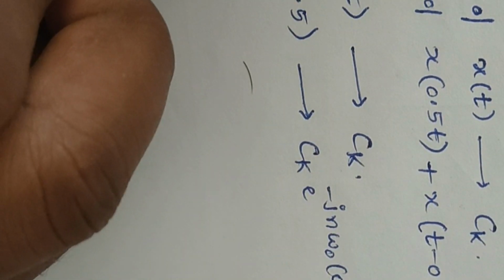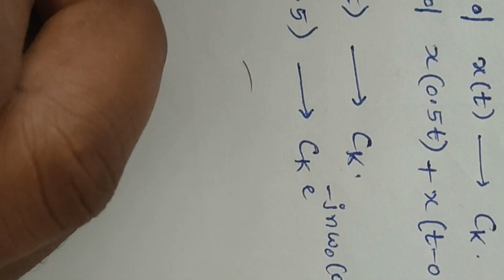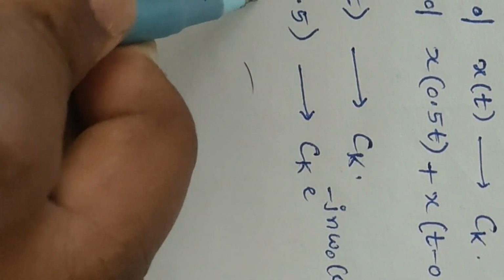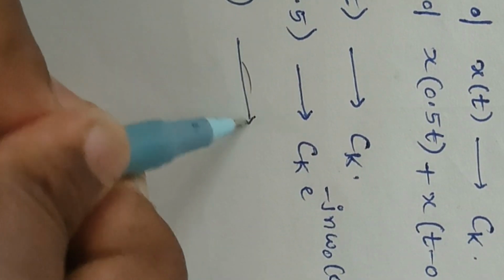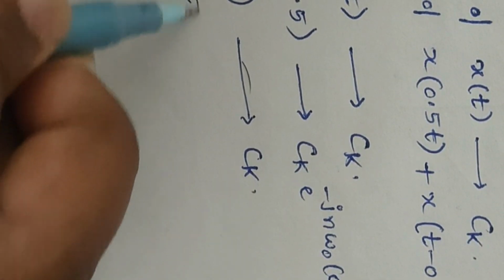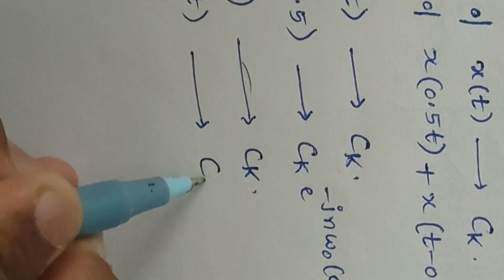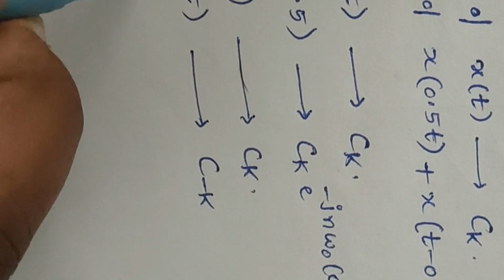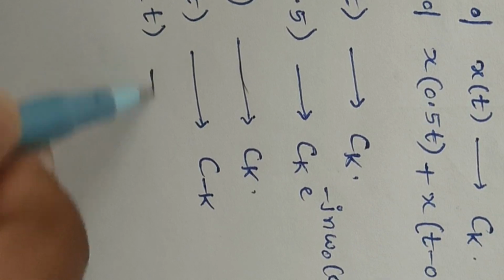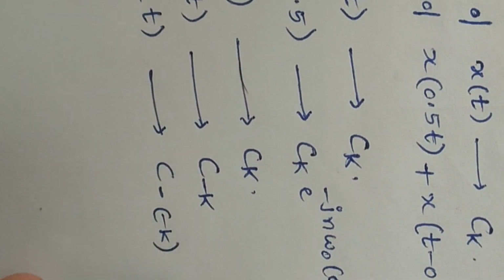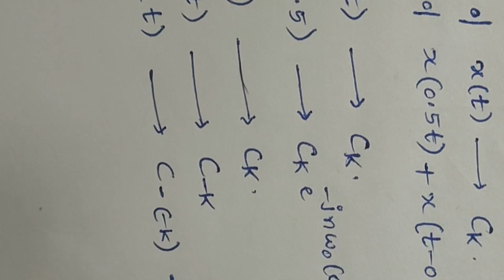Now we can talk about x conjugate of minus 2t. Here x of 2t, you will get same ck. X of minus 2t, you will get Fourier series coefficient c of minus k. Here he is asking x conjugate of minus 2t, you will get Fourier series coefficient c of k conjugate.